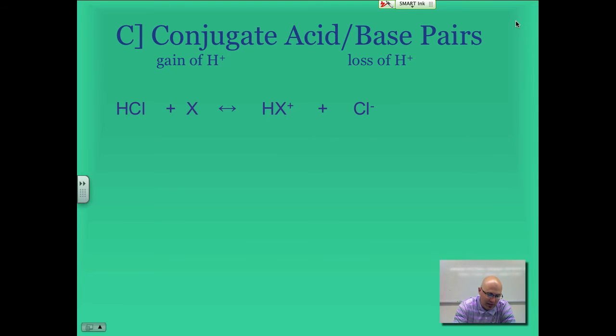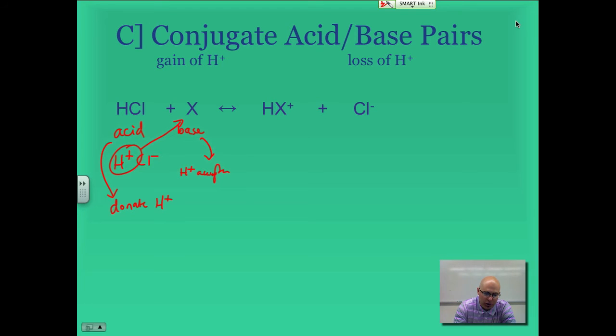So here's an example. In this case, this HCl is an acid. X is acting as a base, let's say. Because notice, this H, if we're talking about H plus Cl minus, this H gets donated here. Again, reminder that an acid can donate an H plus, and a base is an H plus acceptor.